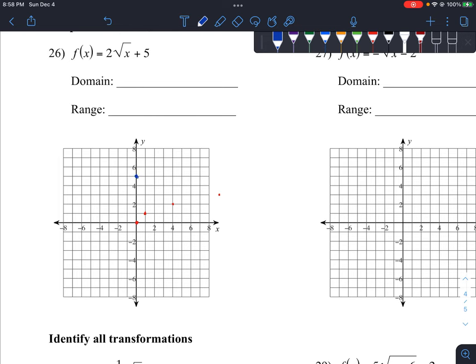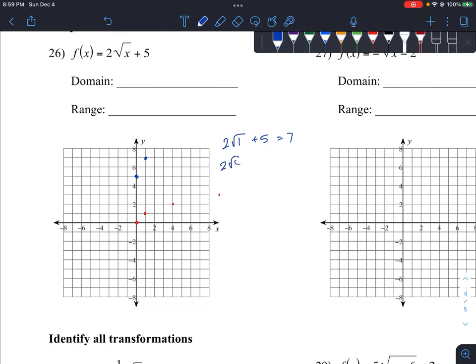Okay, and then to see where the rest of them are, I'm going to plug in 1 into the function. So I have 2 times the square root of 1 plus 5. So that's going to be equal to 7. So that's going to be right there. And then I'm going to plug in 4.